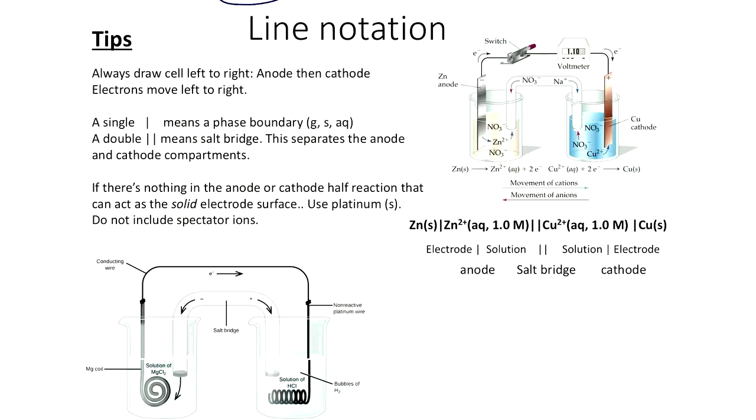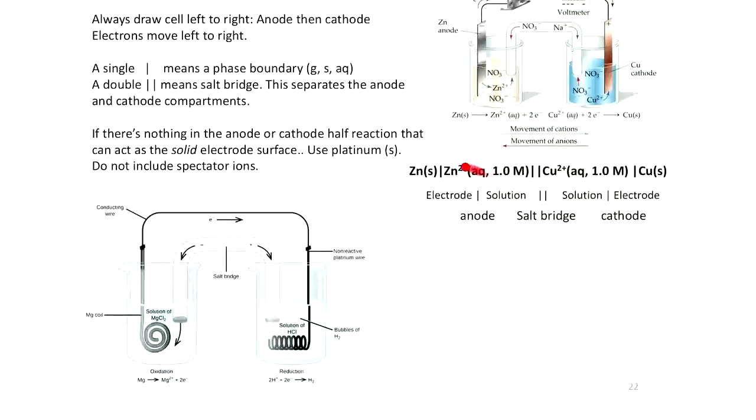This is just an easier way to show how a voltaic cell is set up, because to be honest, drawing this in a Word document is very difficult, but writing line notation like this is not, and it tells you exactly what is in your anode compartment and what is in your cathode compartment.